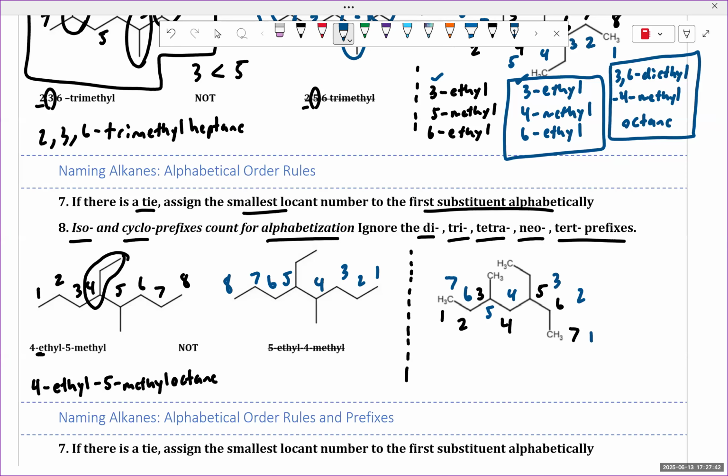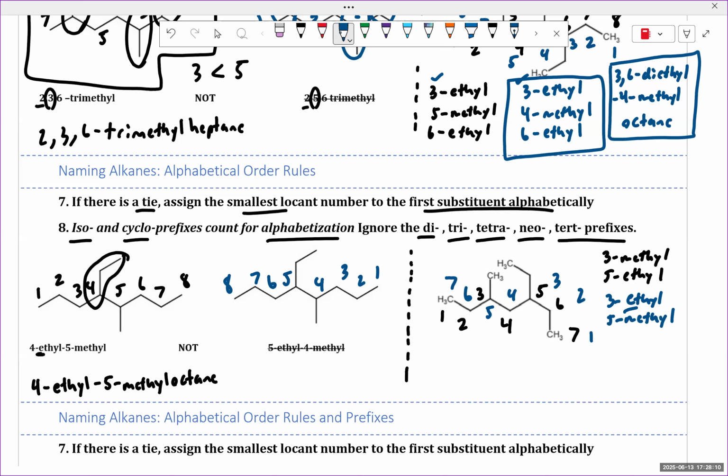Okay, so now let's take a look at our substituents and let's note the locant number. So in this case, we have 3-methyl 5-ethyl using the numbering method in black. And then we have 3-ethyl 5-methyl using the numbering method in blue. Locant numbers are identical. We now move to the alphabetical order tiebreaker.